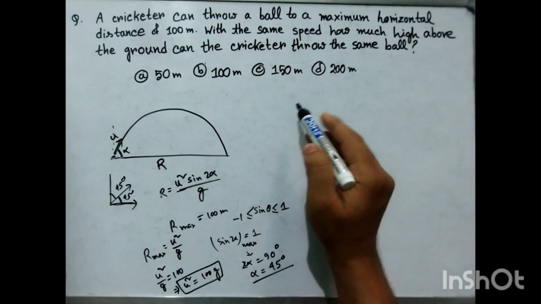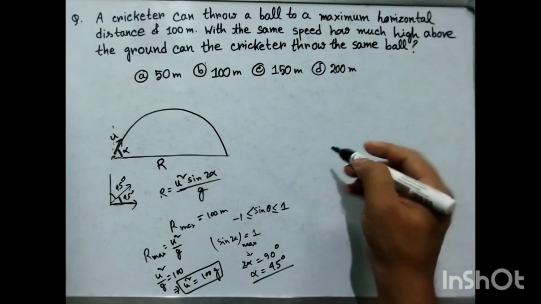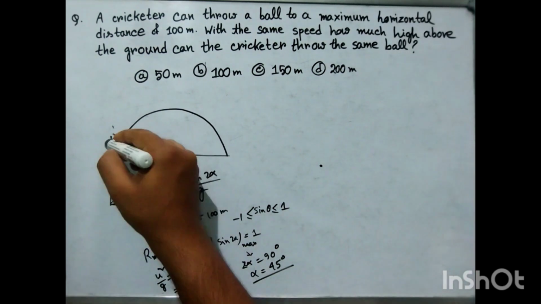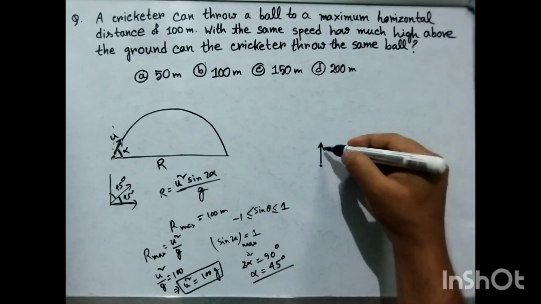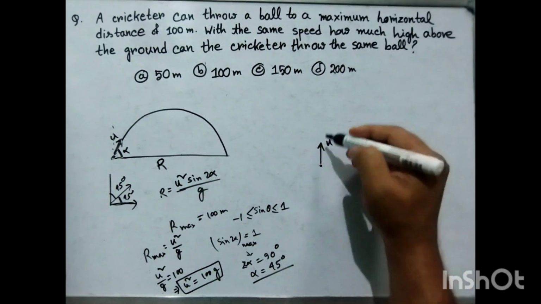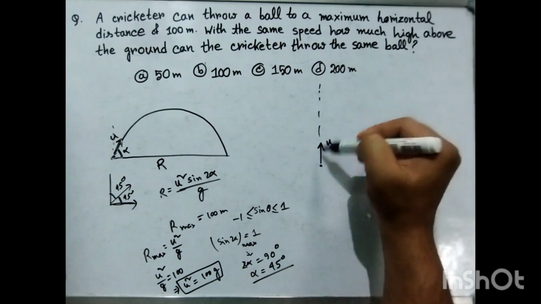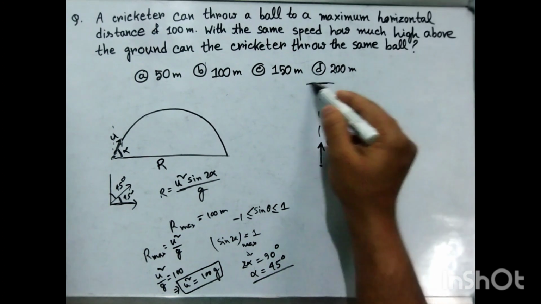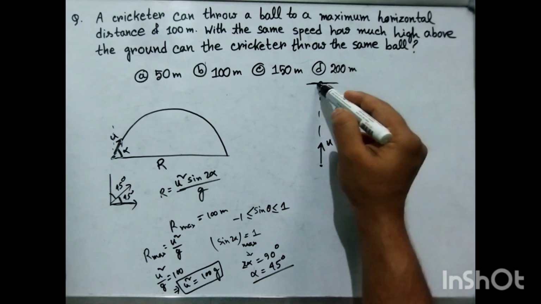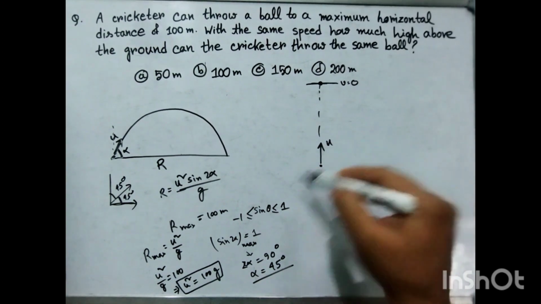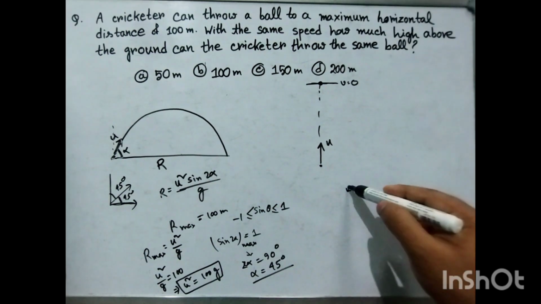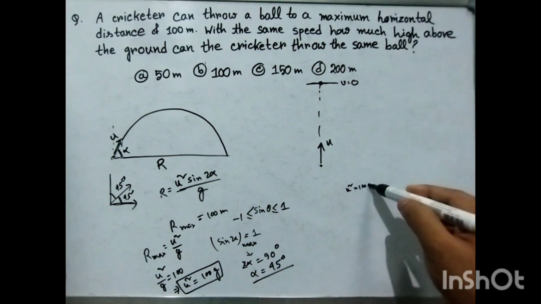Okay, so now what is it saying in the second part? If with the same speed u, the cricketer throws the ball vertically upwards, then how high will the ball reach? So we know at the highest point the velocity of the ball becomes 0, and this is u, and we know u square is 100g.